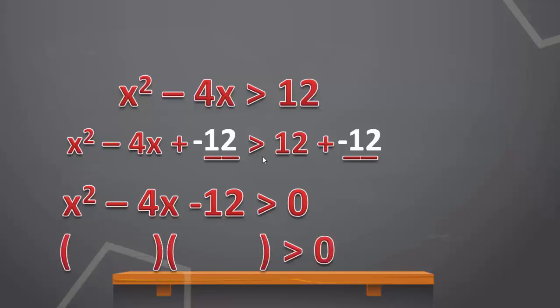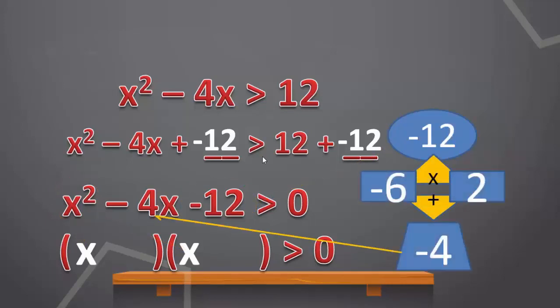The next step that we should do is to get the factors of the quadratic expression. In order to get the factors of the quadratic expression x squared minus 4x minus 12, get the factors of x squared. That is x times x. Then get the factors of negative 12 such that the sum of the factors is equal to the coefficient of our middle term, which is negative 4.